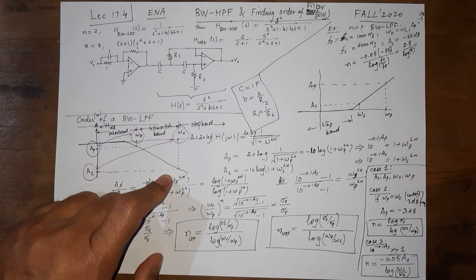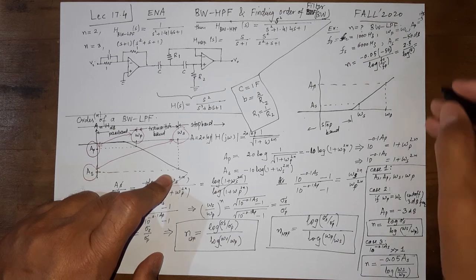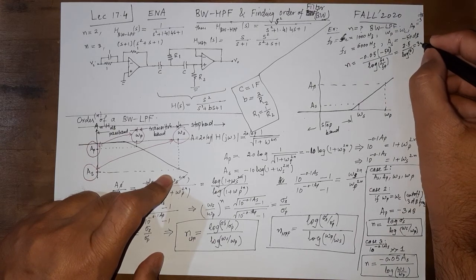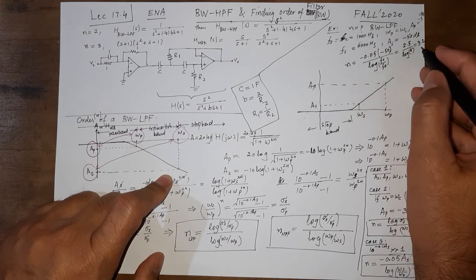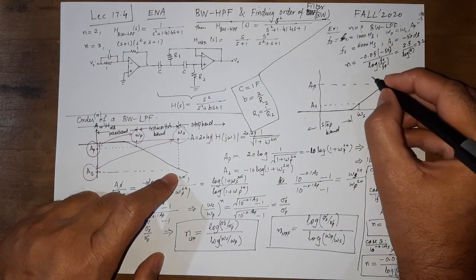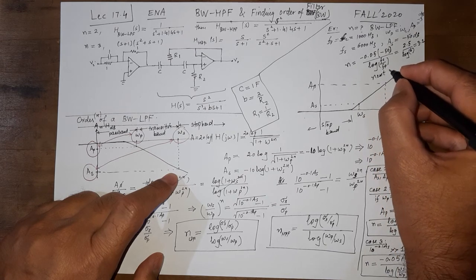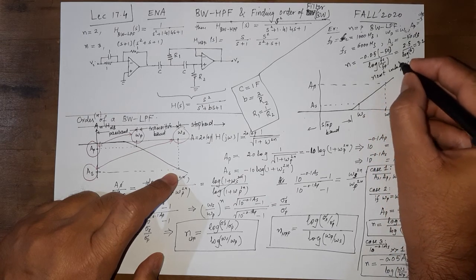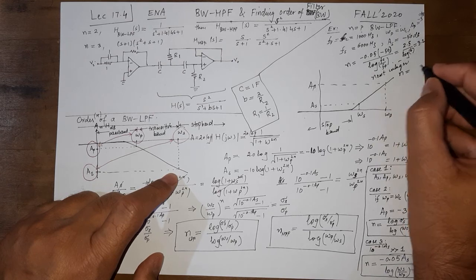So we get 3.2. So n is equal to 3.2. We cannot make a filter with n equal to 3.2. So we always take the next integer and say the order of the filter will be 4.